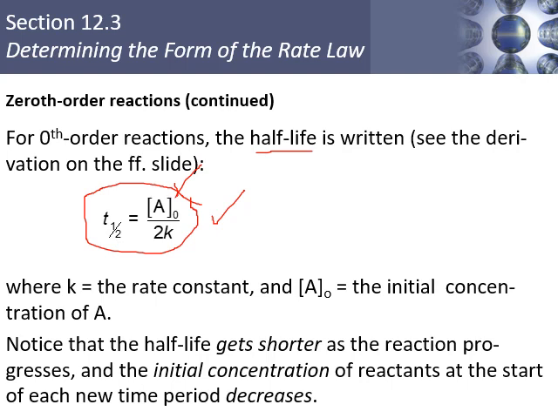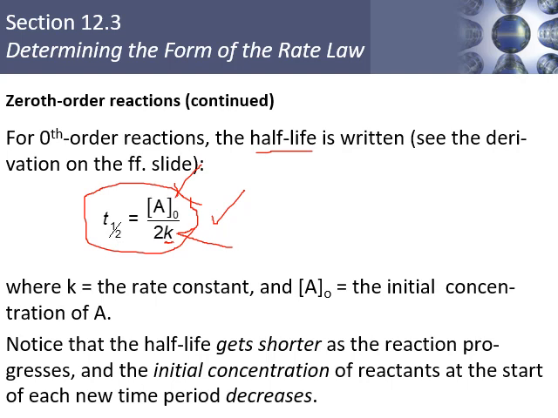For all 3 of those, one of the things that will help you remember these a little bit, although they will be on the formula sheet, is that K is always in the denominator. For zero order, which we see here, it's 2K in the denominator, but for first order it's just K, and for second order it's just K. So anyway, K will always be in the denominator.